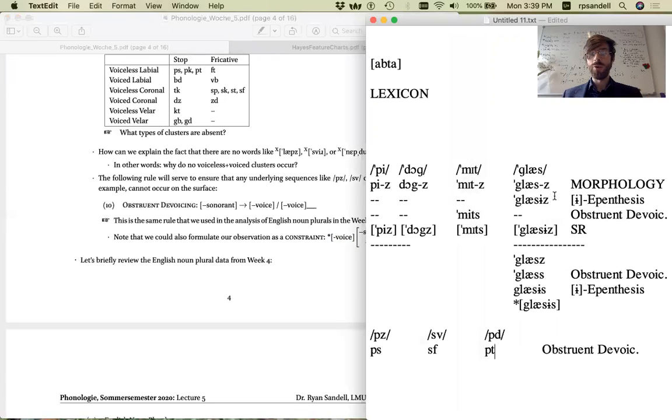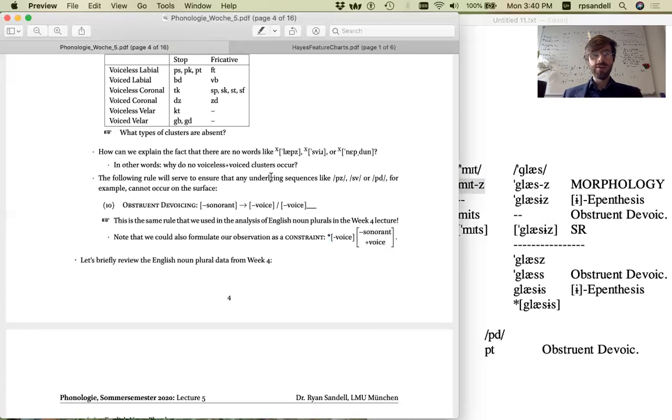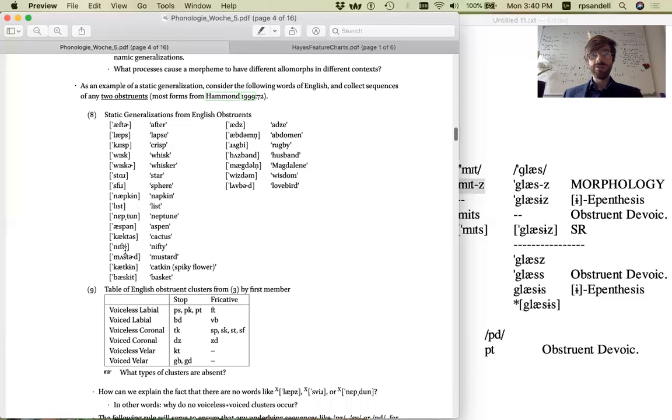And as the morphology of the plural morpheme suggests, it's repaired by devoicing a sound. But this static generalization, the conclusions that we can draw just by looking at monomorphemic words, also point to this same rule.